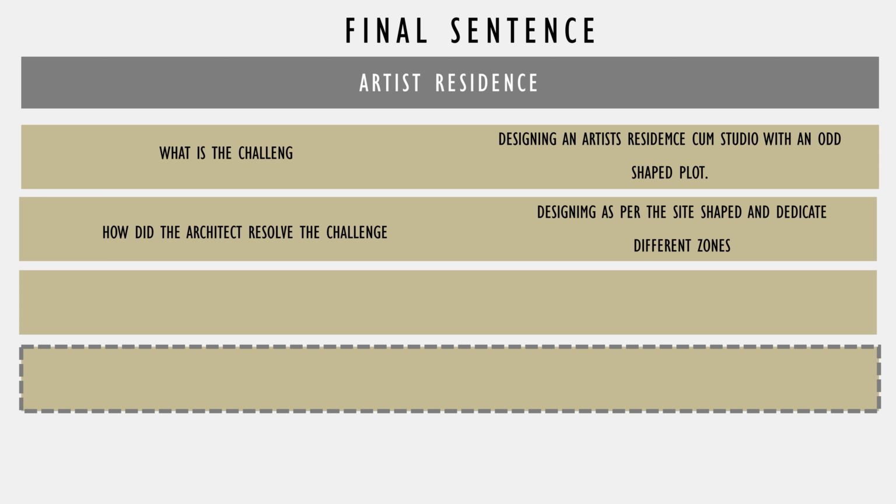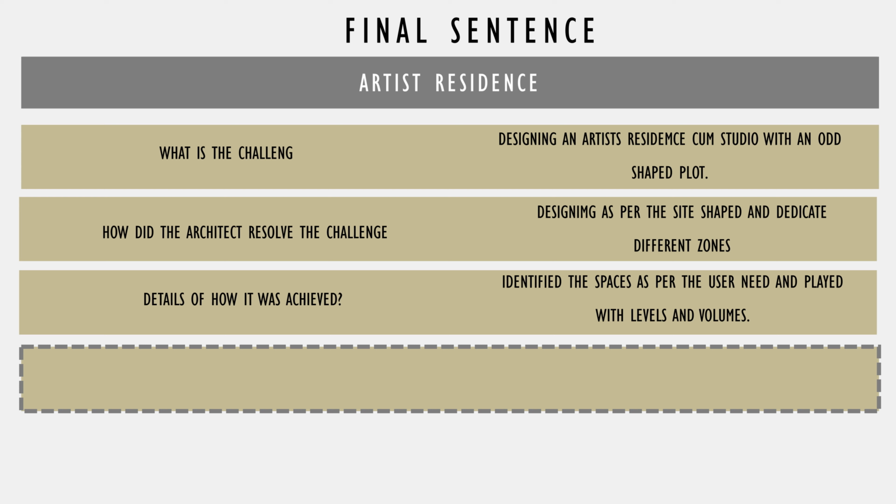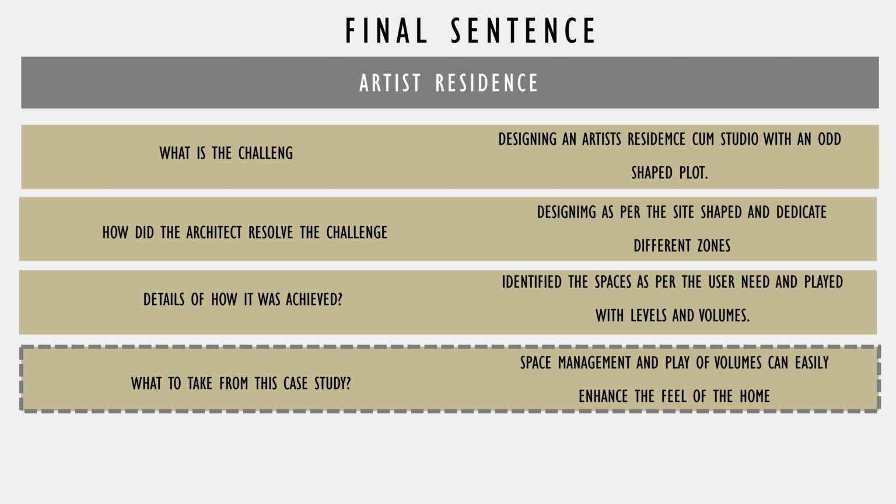Designing as per the size, site, shape, and dedicating different zones. Details of how it was achieved. Identified the spaces as per the user need and played with levels and volumes. What to take from this case study? Space management and play of volumes can easily enhance the feel of the home.